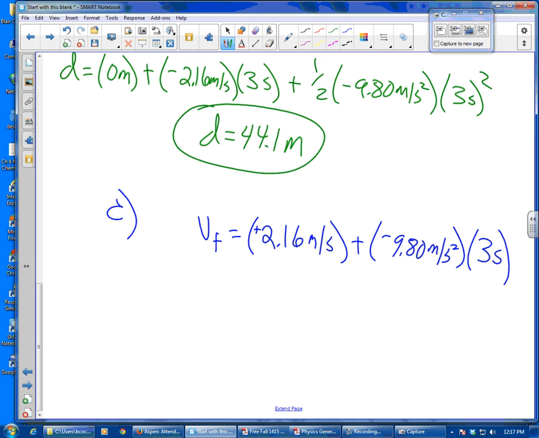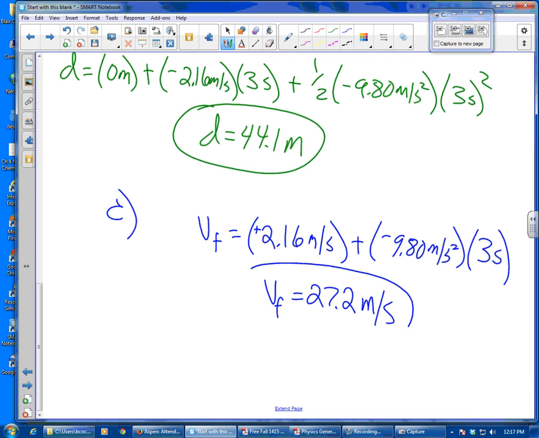So my guess is it's going to be a lower speed than part A, because in part A, all it had to do was speed up for those 3 seconds. Now it's got to slow down for all of it or part of it, and then speed up for whatever's left over. And we end up with a velocity of 27.2 meters per second.